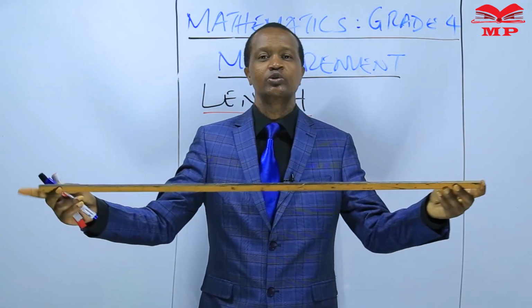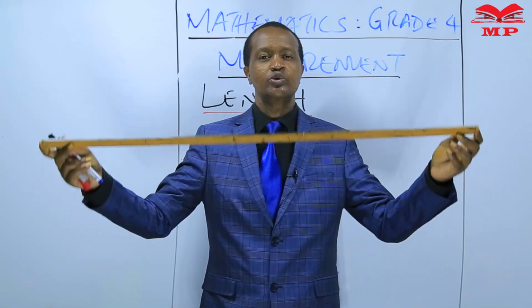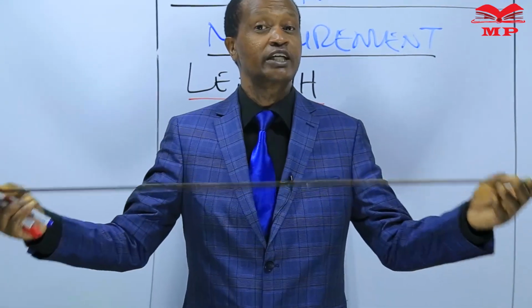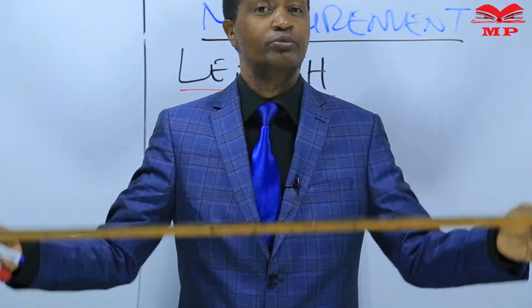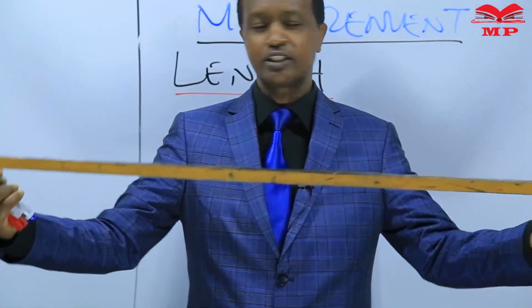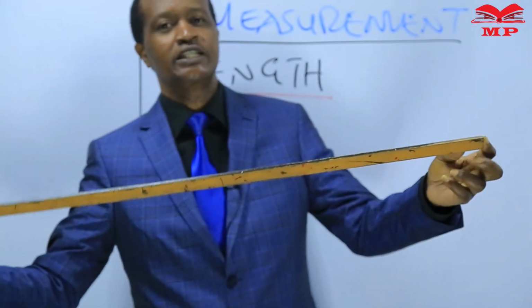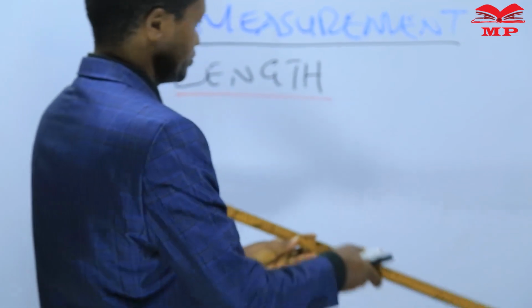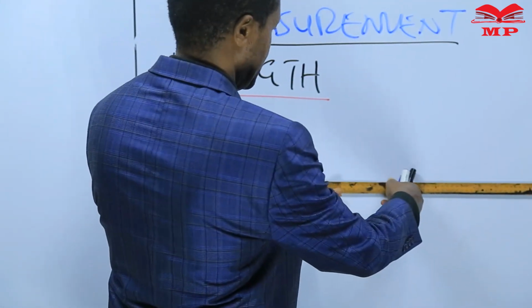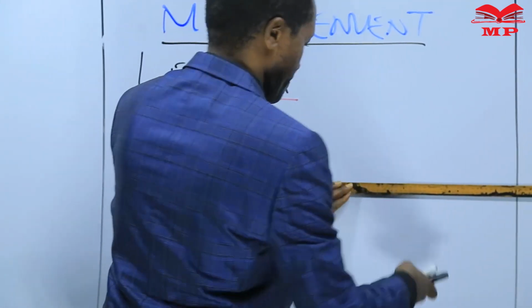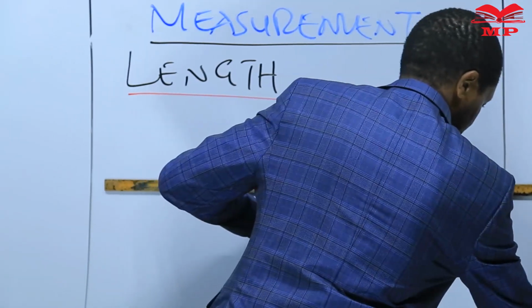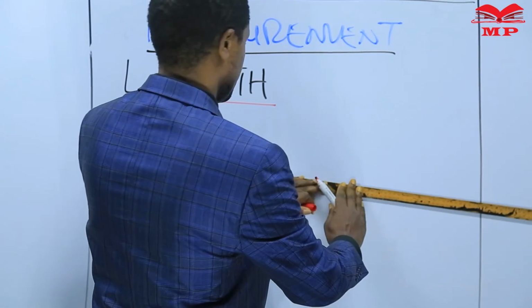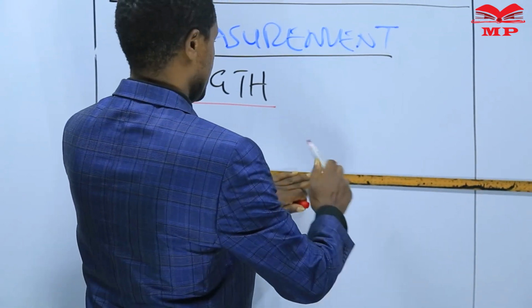We use the ruler to measure the length of things, items, objects. So this meter ruler is marked into 10 equal parts.